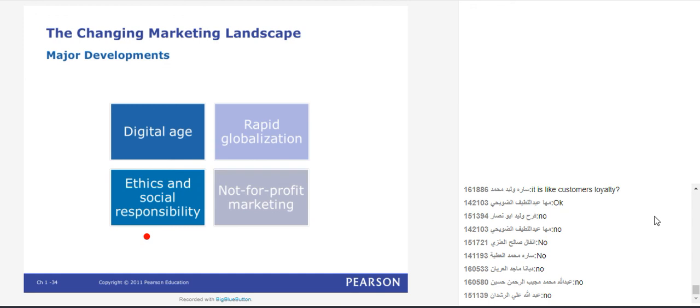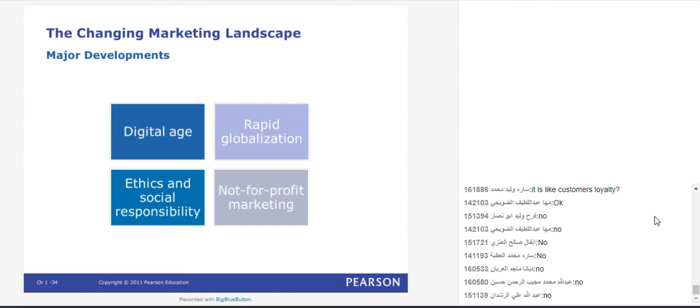They are looking for environment-friendly options, and they now have concerns about it. And also the growth of not-for-profit marketing. This is a new trend for not-for-profit organizations and how they use marketing in their operations. So these are the major developments that are changing the marketing landscape now.